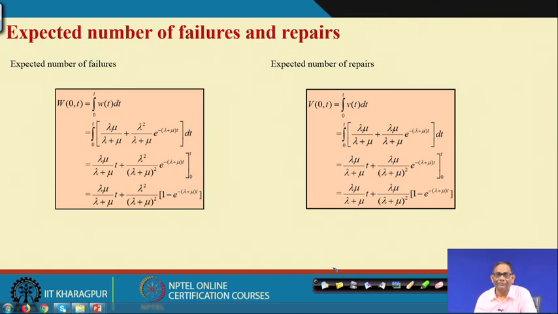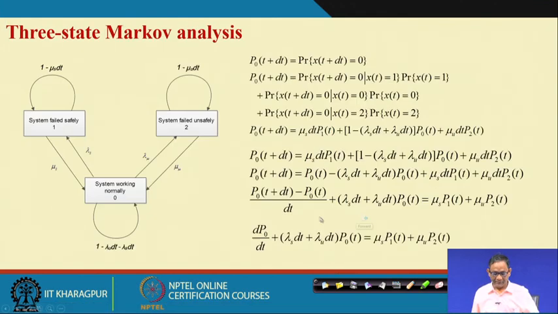So, using Markov analysis, you will be able to find out the q t, and from q t other parameters of the component will be estimated, including W t, capital W t, like this. Means your unconditional failure intensity, expected number of failures, unconditional repair intensity, and expected number of repairs, and also if you want the mean time and other things also you will be able to calculate.